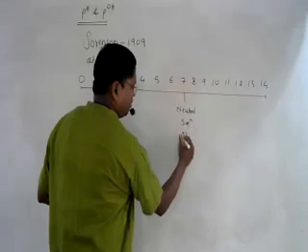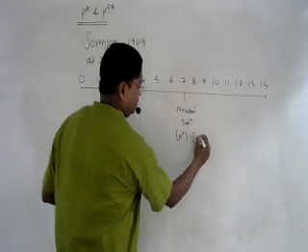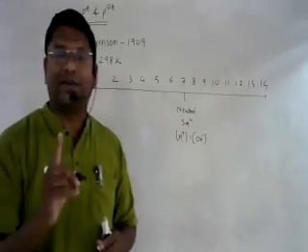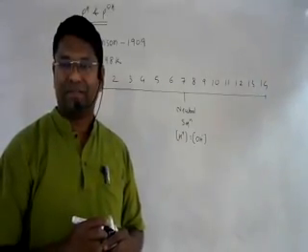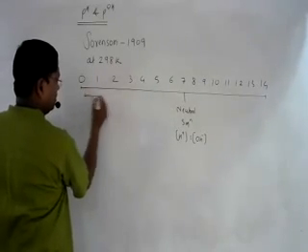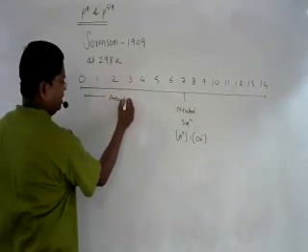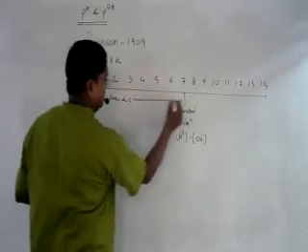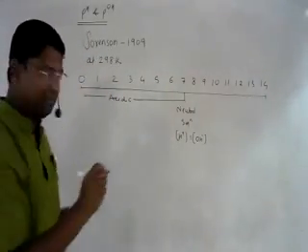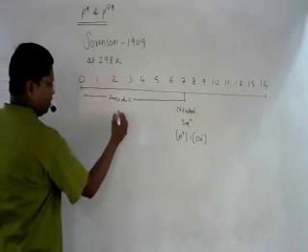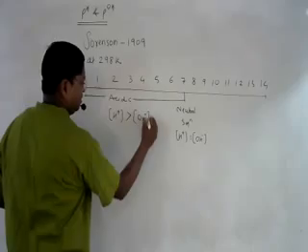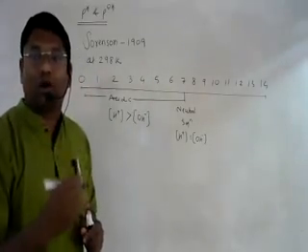Because here H positive concentration and OH negative concentration is equal. Before 7, here the solution is acidic in nature. Why solution is acidic? Because H positive concentration is greater than OH negative concentration.